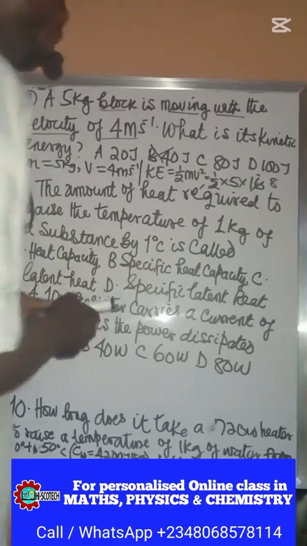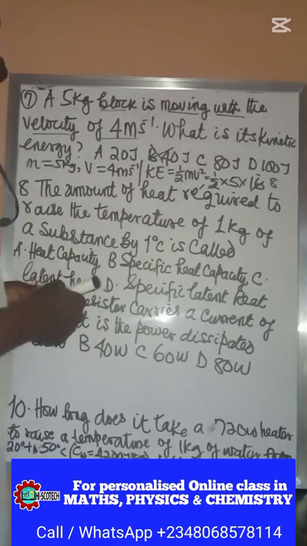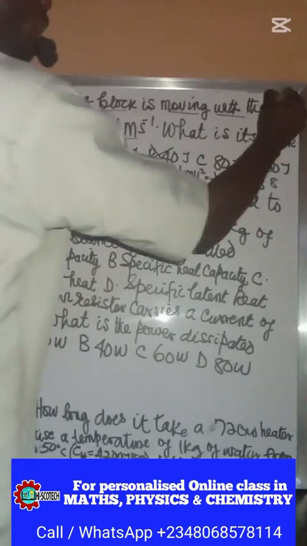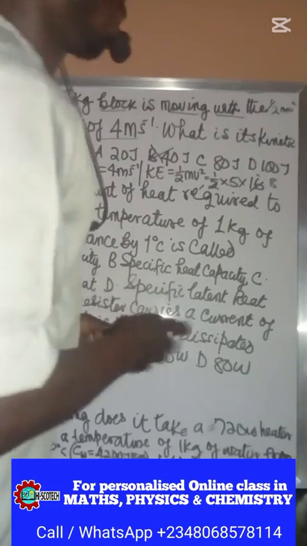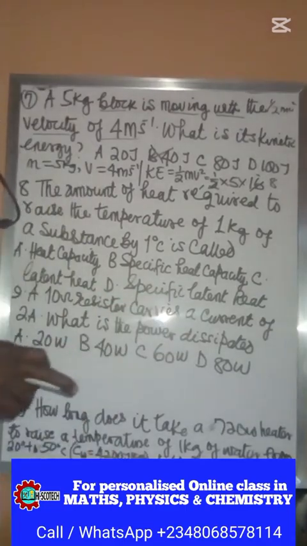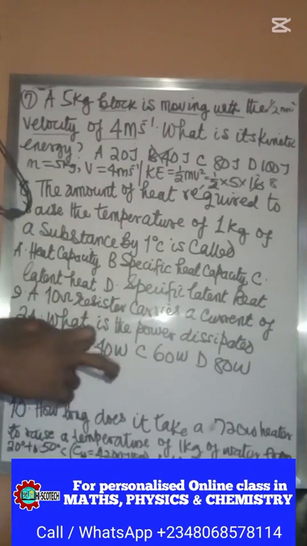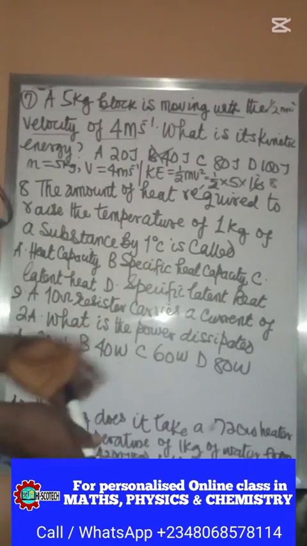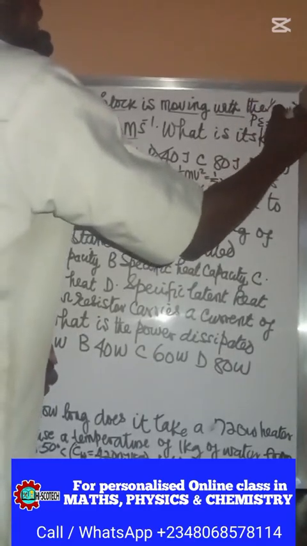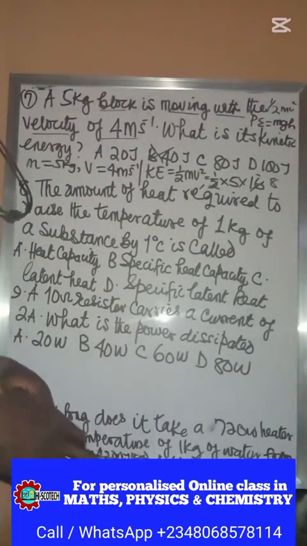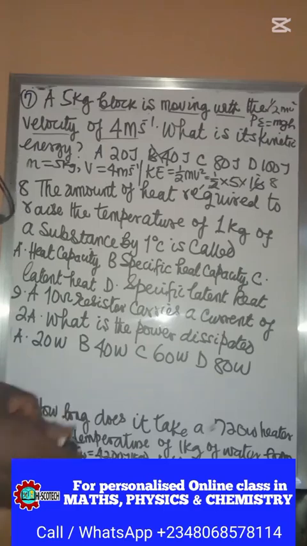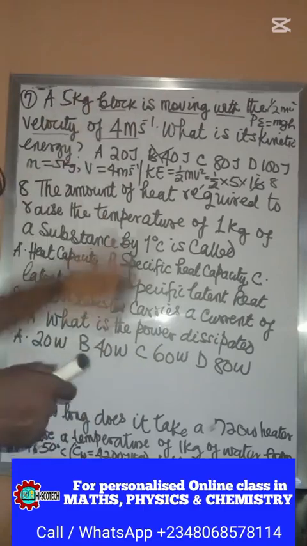Now, as a revision, kinetic energy KE is given as half mv squared. That is the energy possessed by a body in motion. While potential energy, which is the energy of a body by virtue of its position or its being at rest, is given by PE equals mgh. And don't forget, the higher a body goes up, the lower the kinetic energy and the higher the potential energy.